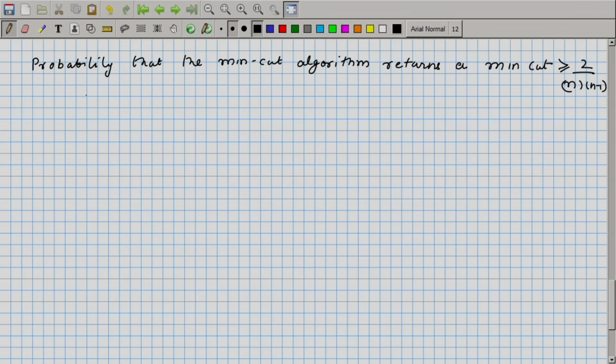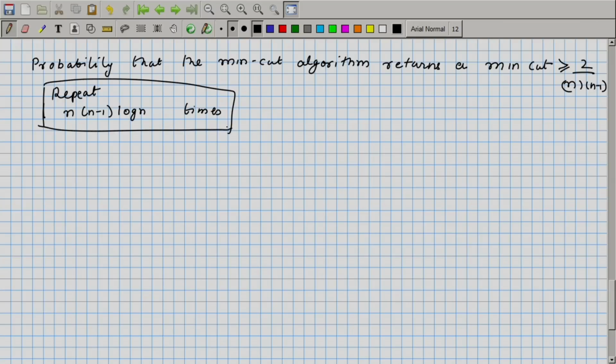So, in such cases we will repeat the algorithm. How many times do we have to repeat this algorithm to get a reasonably good success probability? Let us say we repeat this algorithm n into n minus 1 times log n times. So, this is the number of repetitions.